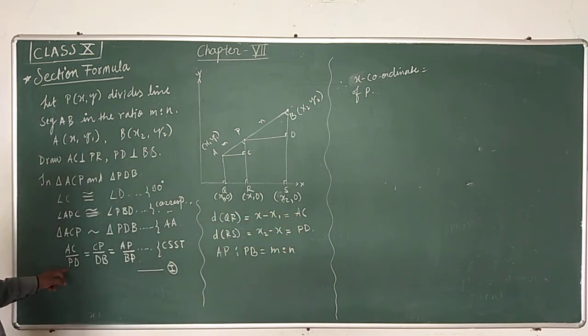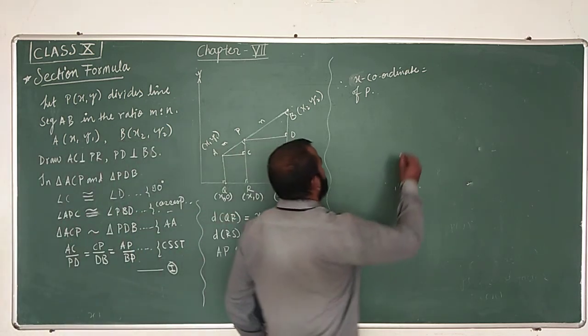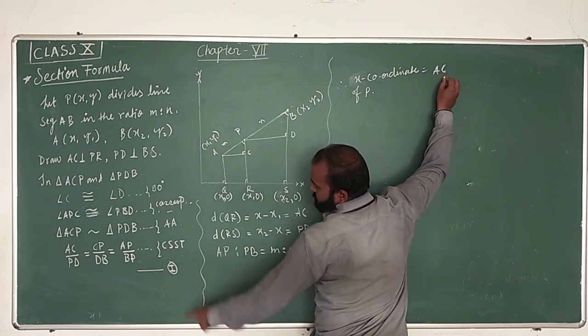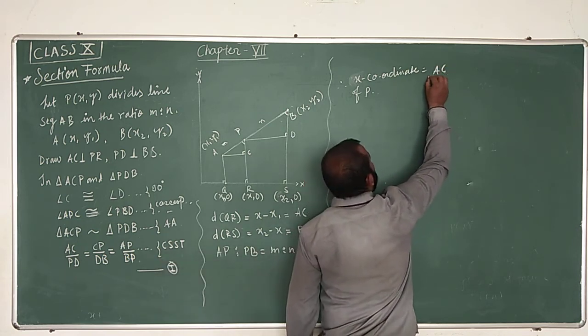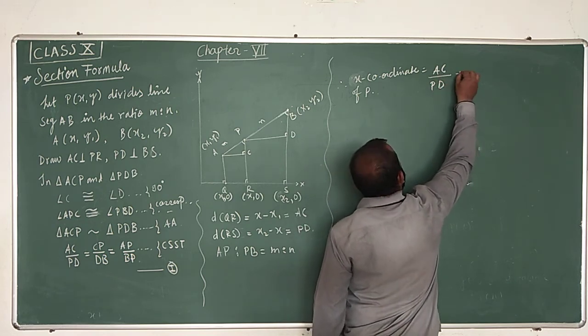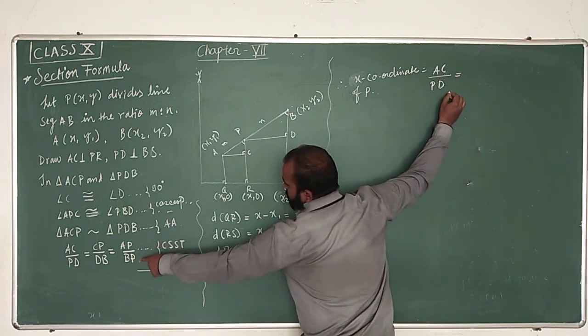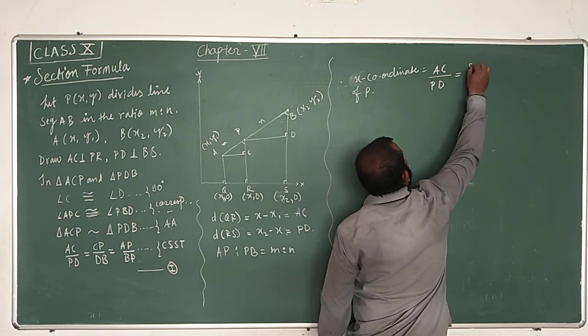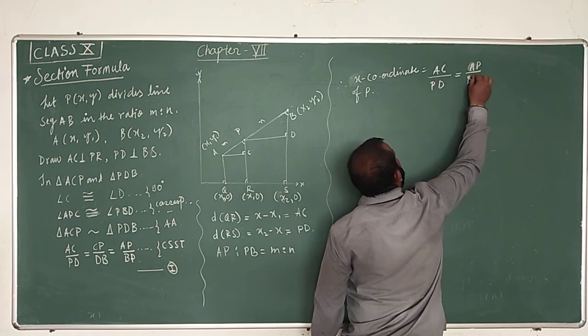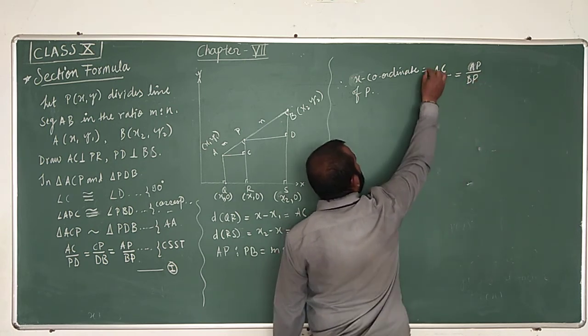Now see, we know QR and RS means AC and PD. So AC upon PD is equals to AP upon BP. Now let's solve this.